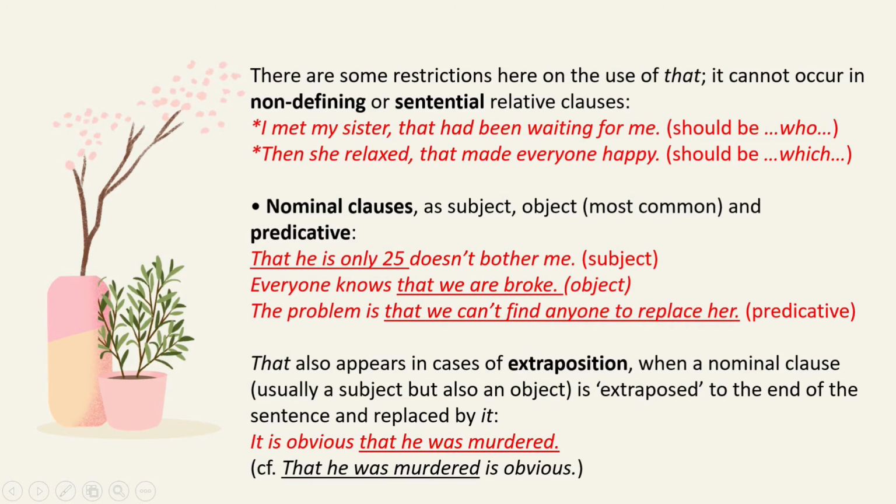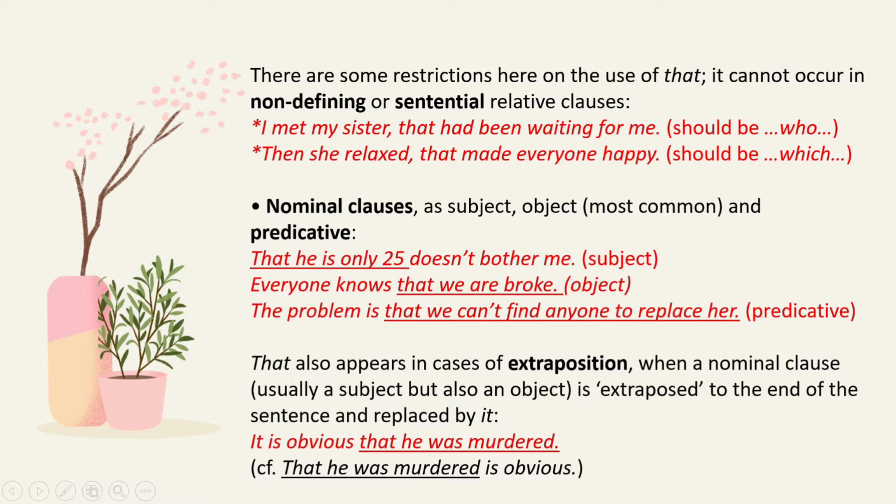It can be I met my sister who had been waiting for me. That is more suitable. Another example is then she relaxed that made everyone happy. The word that here must be changed into the word which. Then she relaxed, which made everyone happy. That will be better.